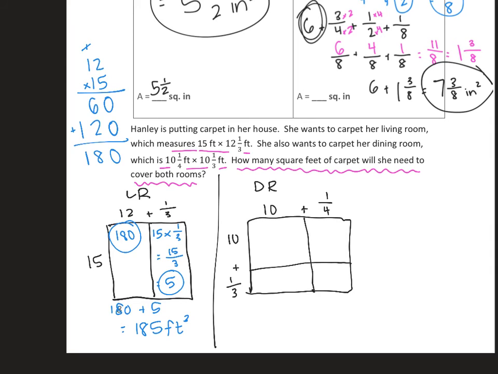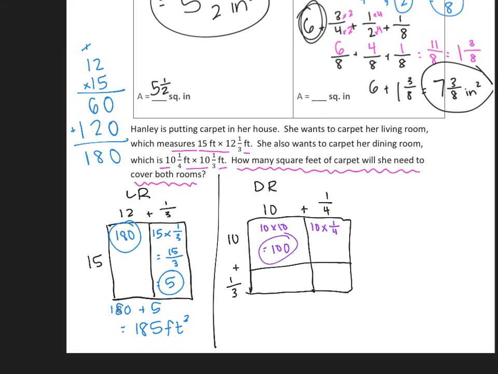And now I'm going to multiply. Here I'm going to multiply 10 times 10, which gives me 100. Next, I'm going to multiply 10 times 1/4.